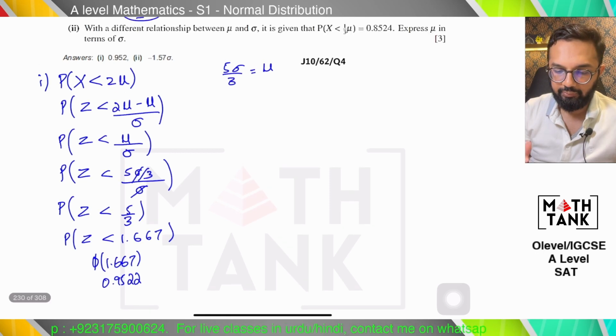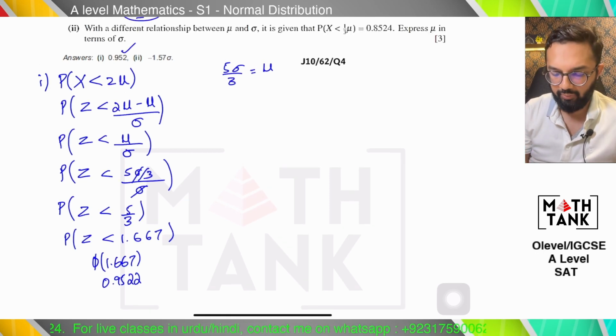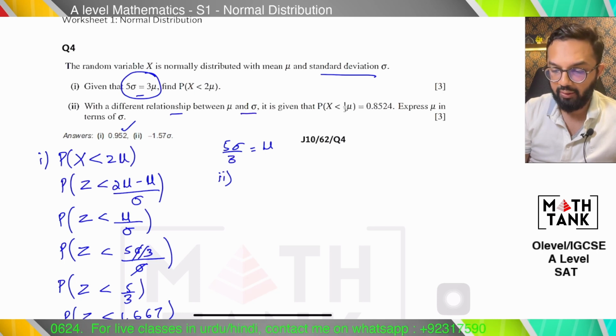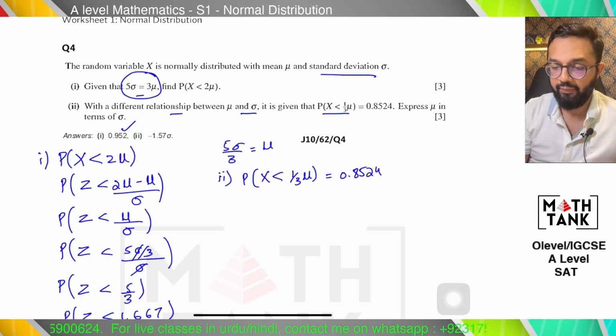Okay, three significant figures, so 0.952. Then it says part 2, with a different relationship between mu and sigma, it is now given that probability of x less than 1/3 mu equals 0.8524. Now it's a different relationship.